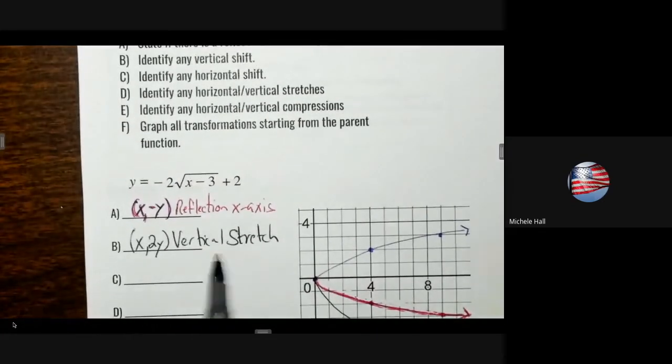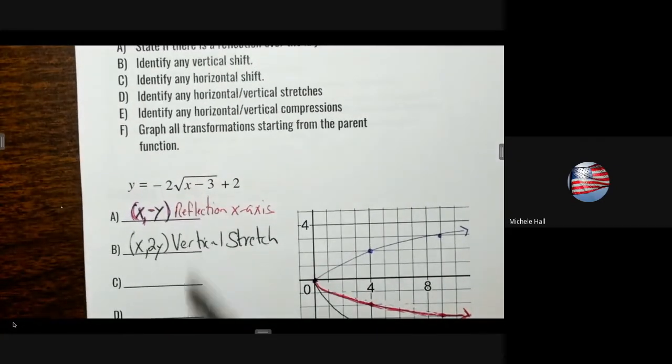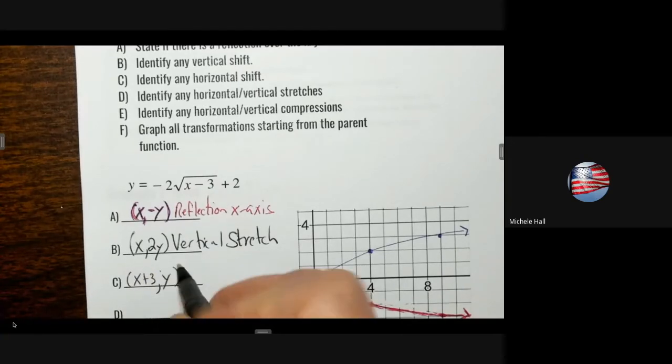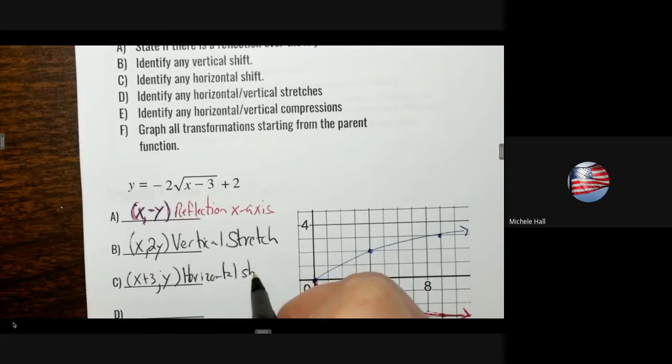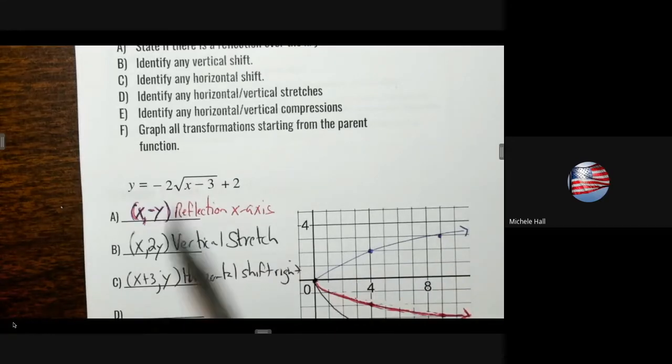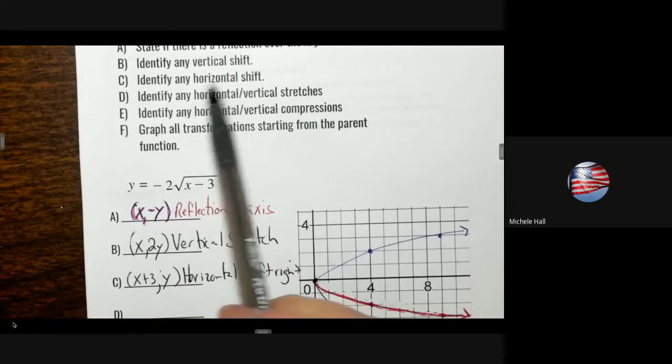Identify any horizontal shifts, that would be the x, and so we said that we were adding 3 to our x values. That is a horizontal shift, right? And then we have the vertical.